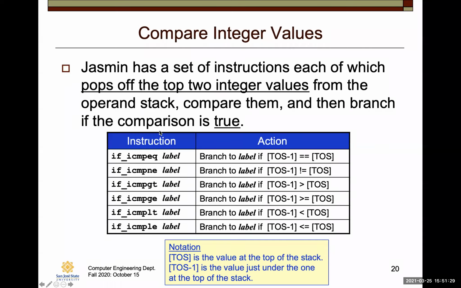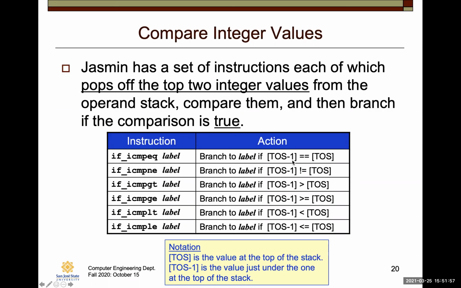All right, now here's the notation. What are you comparing? You're popping off 2 integer values from the top of the stack, and you're comparing the one below the top to the one at the top. So that's what this notation is. TOS is the value at the top of the stack, and we put it in square brackets.